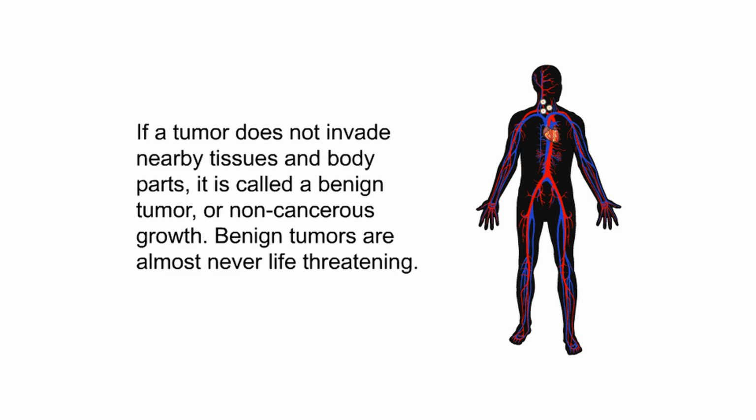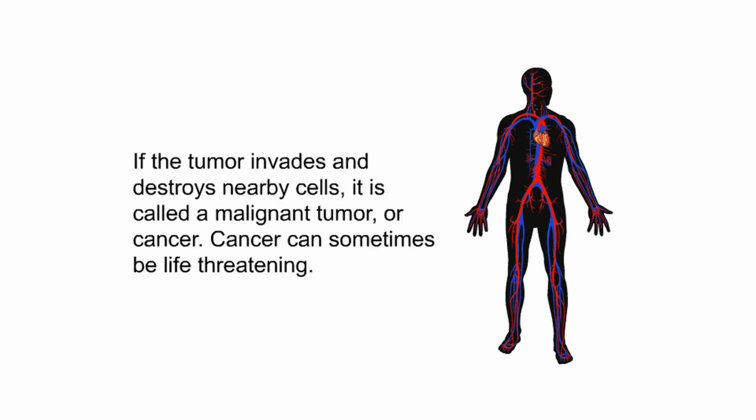If a tumor does not invade nearby tissues and body parts, it is called a benign tumor or non-cancerous growth. Benign tumors are almost never life-threatening. If the tumor invades and destroys nearby cells, it is called a malignant tumor or cancer. Cancer can sometimes be life-threatening.